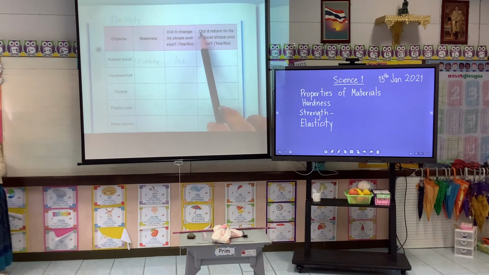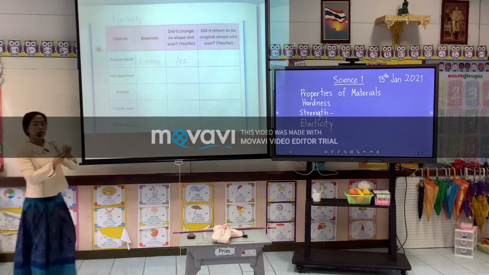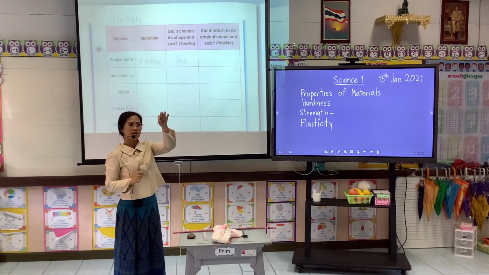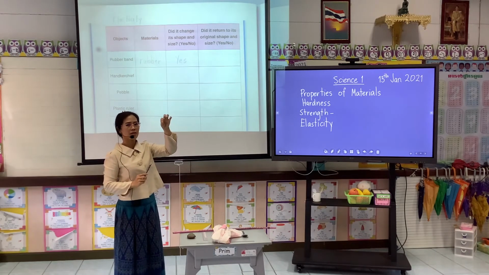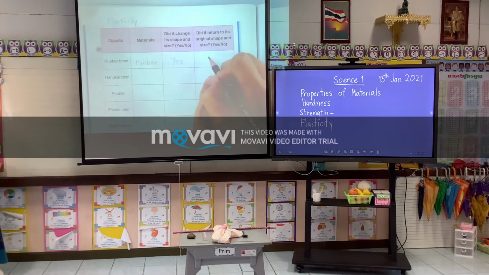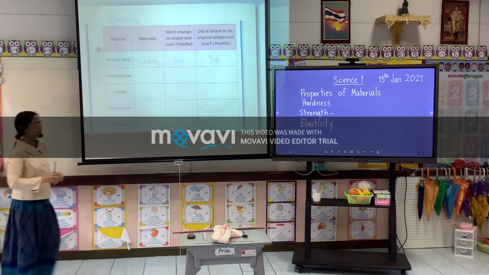The next one: did it return to its original shape and size? When I stretch the rubber band and then release the force, it returns to its original shape and size. So we say yes.